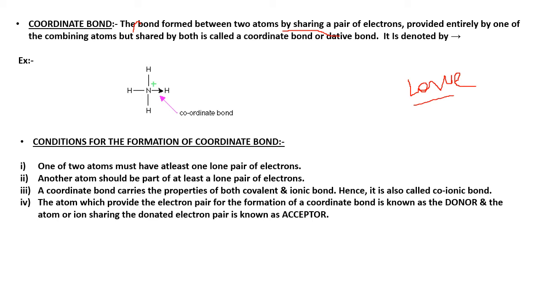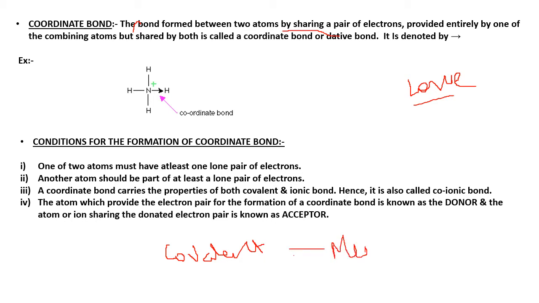The basic difference between covalent and coordinate bond is that in a covalent bond there was mutual sharing of electrons.